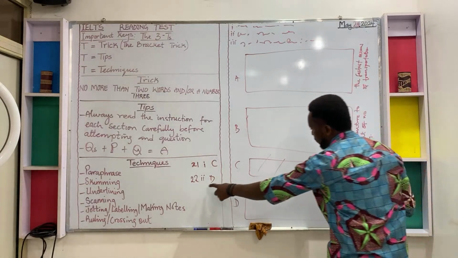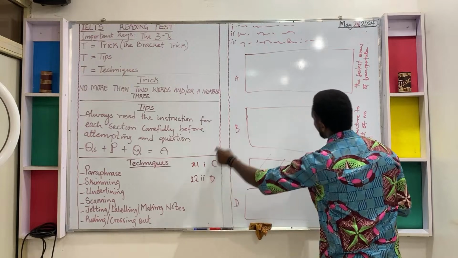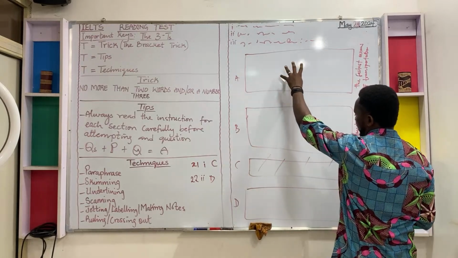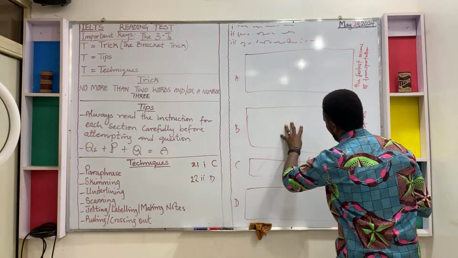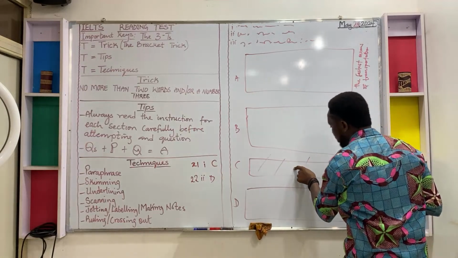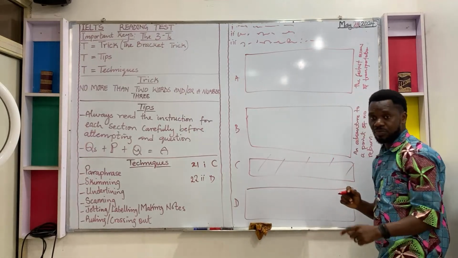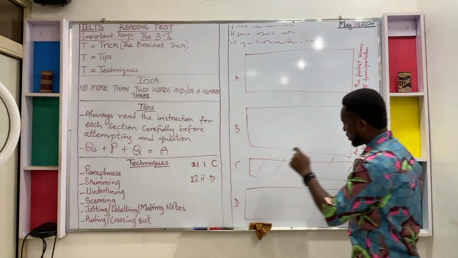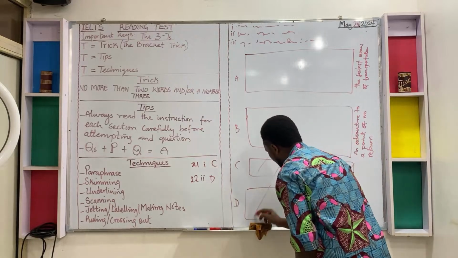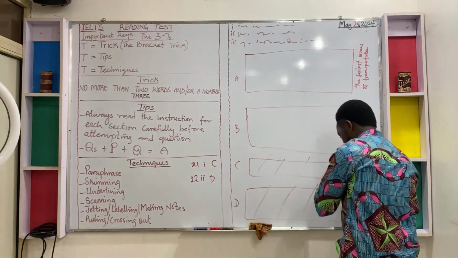So when I'm searching for the answer to question 22, if I scan through this paragraph and I don't find my answer, I won't have to read it again. I'll skip it and come here. Do you understand this? Now, if this one gives me my answer, I also apply the same striking out.